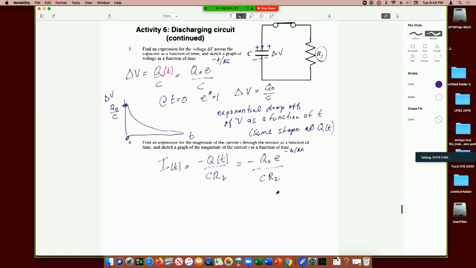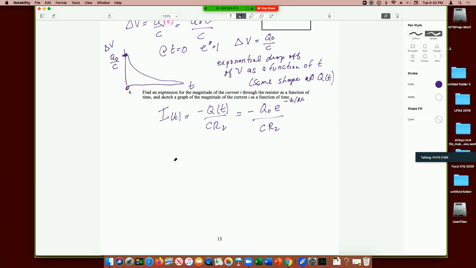Okay, and what would that look like? Well, it's going to look exactly like the function up here, but upside down. So if that's current as a function of time, and this is time here, it's going to look like this. As t goes to infinity, what does current go towards? 0.